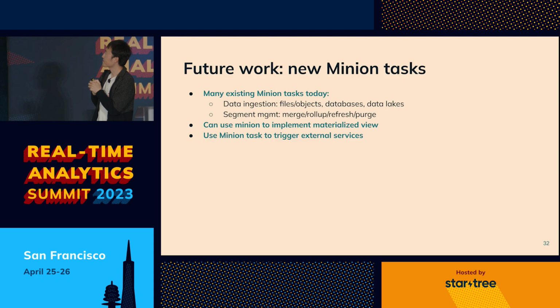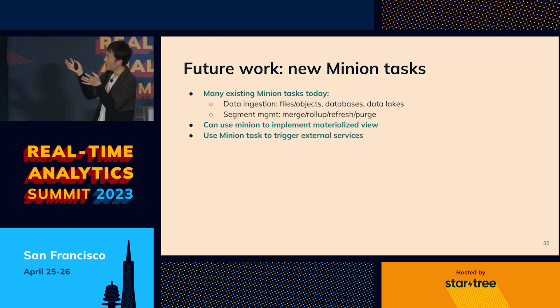And a second thing we can try is using the Minion task as an integration point to put Pinot into a much wider data ecosystem. For example, we can schedule a Minion task to trigger some external service and let the Minion task stay there monitoring this external service, and in the end get the result back and put it into some Pinot table for the query to access that data in a real-time manner.